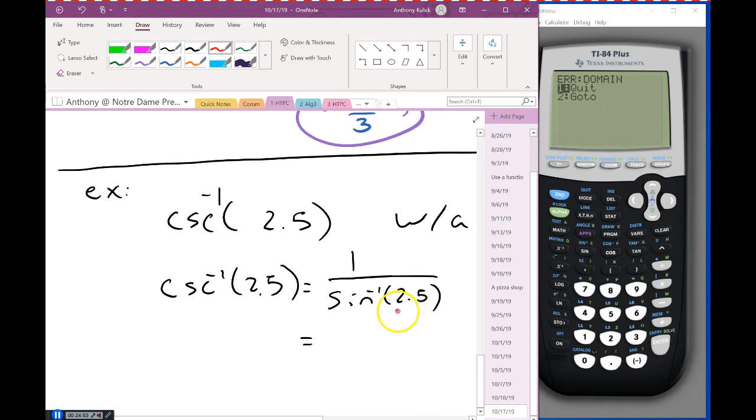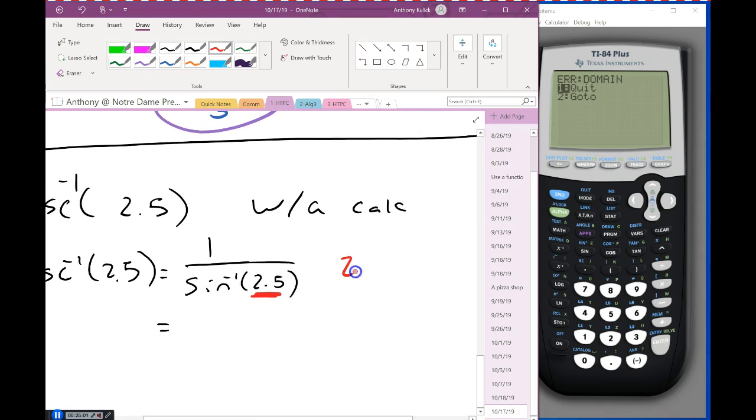So, what is the domain for sine inverse? That's the range? So that's not it, right?